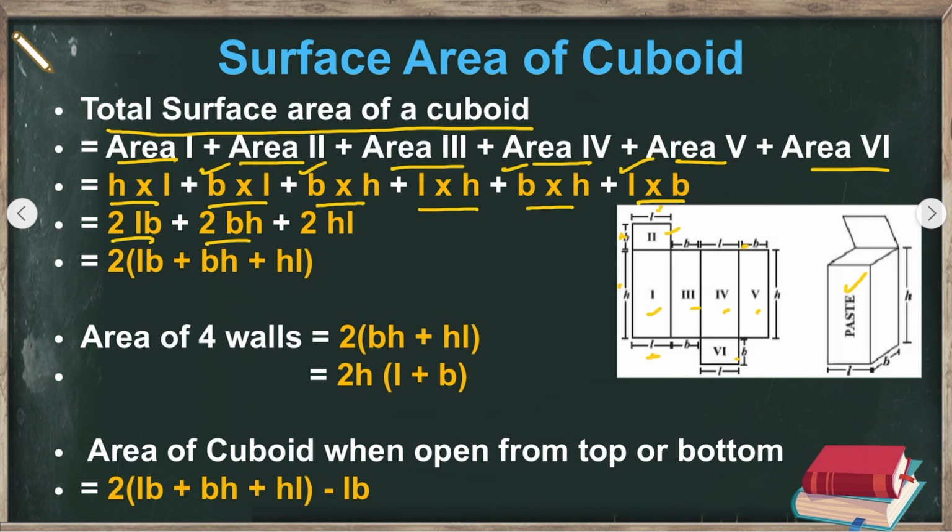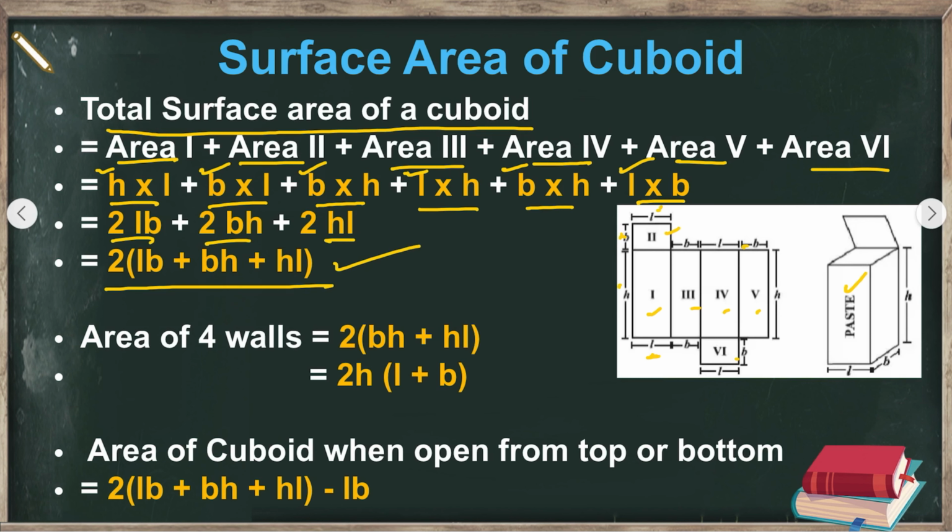What remains is lh and lh, so we also get twice of hl. After taking 2 common, we have 2 into (lb plus bh plus hl), and this is the formula to calculate the total surface area of a cuboid. So the total surface area of a cuboid is given by twice of (lb plus bh plus hl).